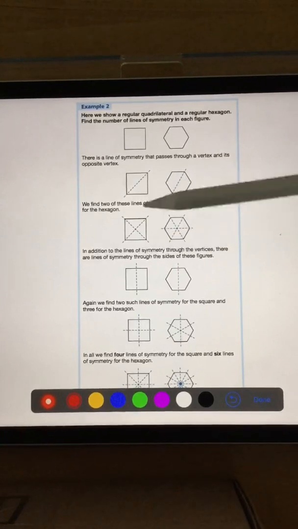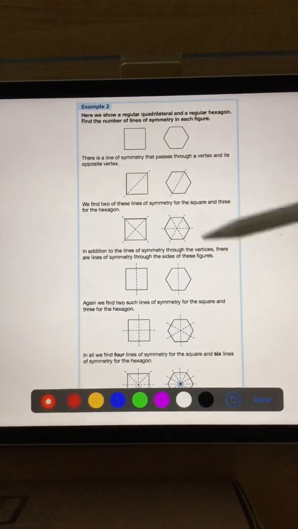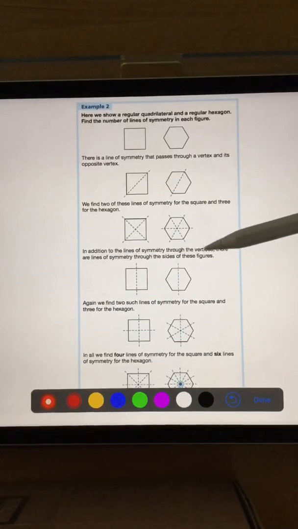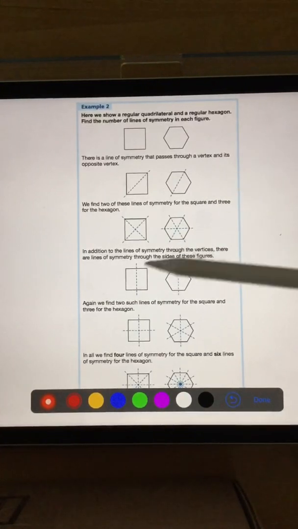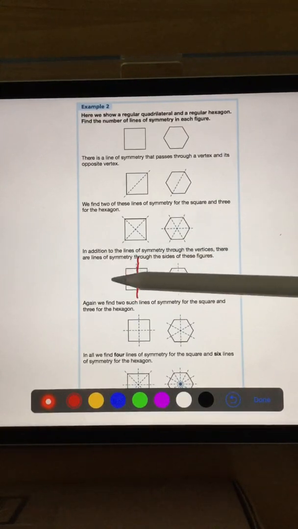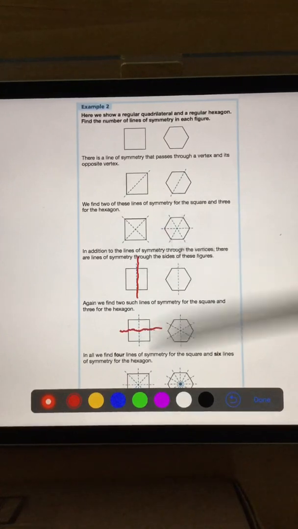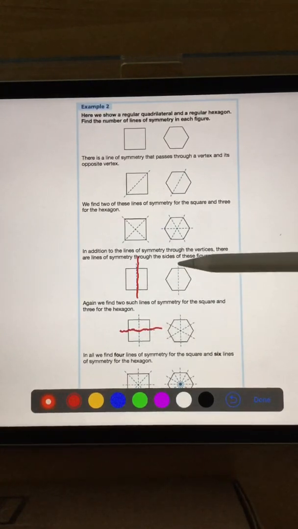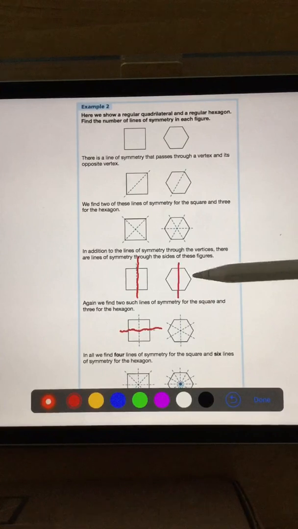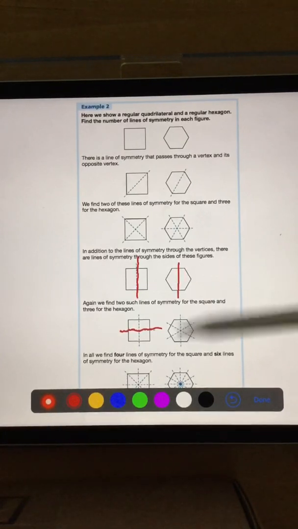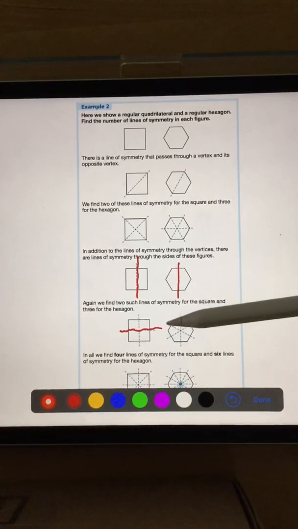Now, in addition to those 3 lines of symmetry through the vertices, there are lines of symmetry through the sides of these figures, okay? So if I break that in half, and I break it in half this way also, the square, I have 2 more lines of symmetry, correct? I can break this in half if I folded it that way, and I would have more lines of symmetry.